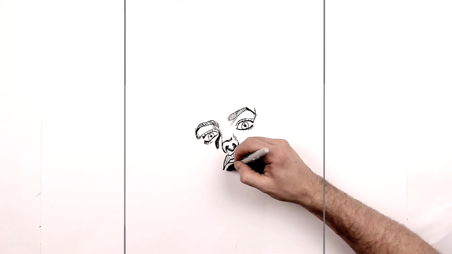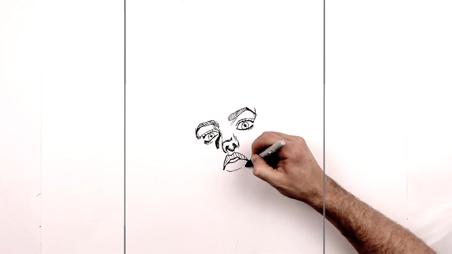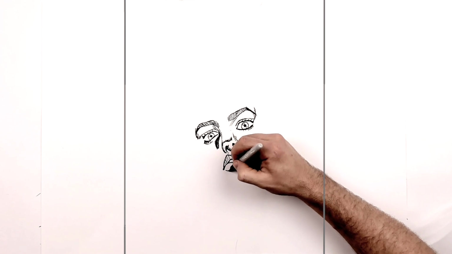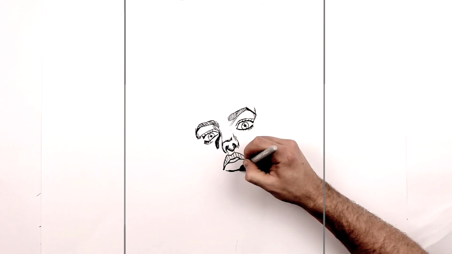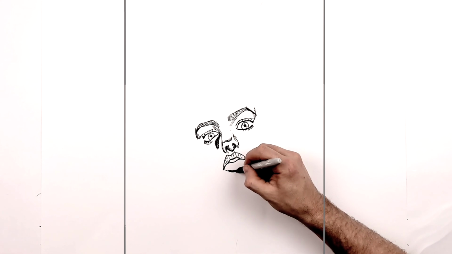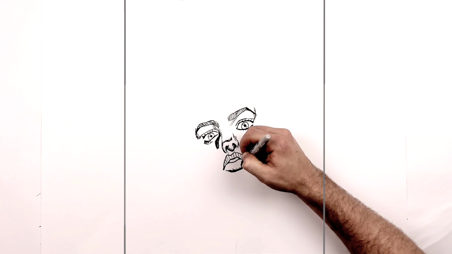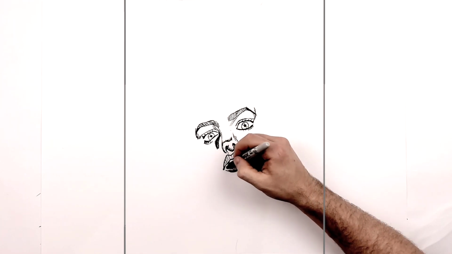Then the bottom lip comes around. So this is done kind of roughly. So it's like a shadow underneath here. There's always a little bit of hatching on the bottom of the lip.